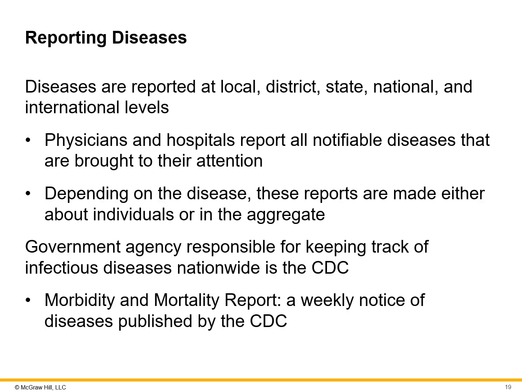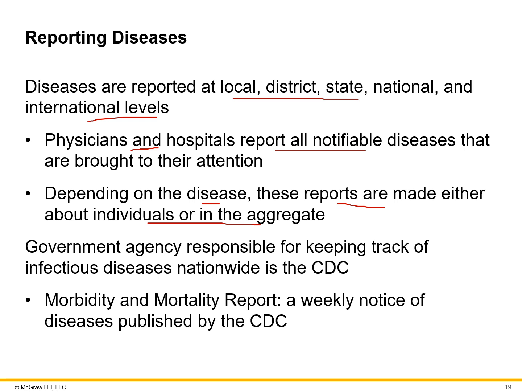These diseases are reported at the local, state, national, and international level. So it's not just one authority typically that gets it. It's multiple branches. The physician and hospital report all notifiable diseases that are brought to their attention. Depending on the disease, the reports are made either about the individuals or an aggregate.